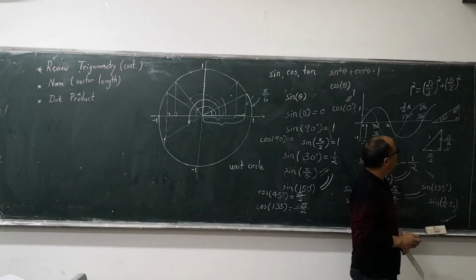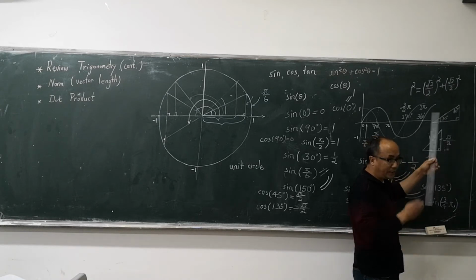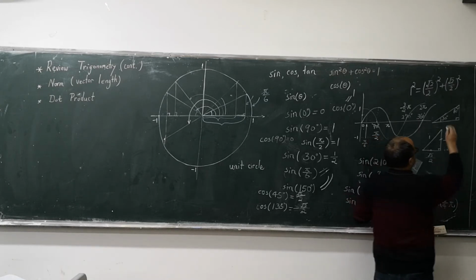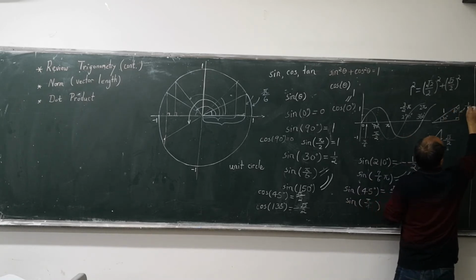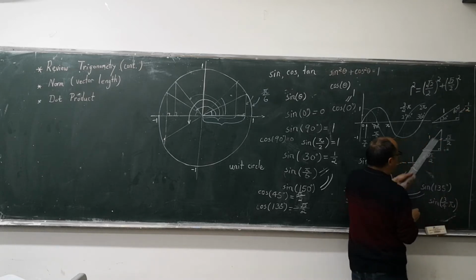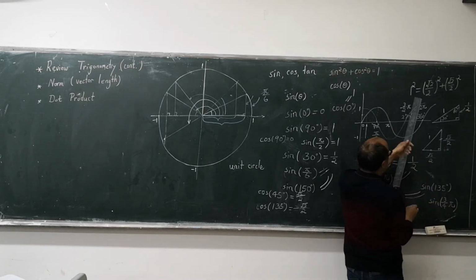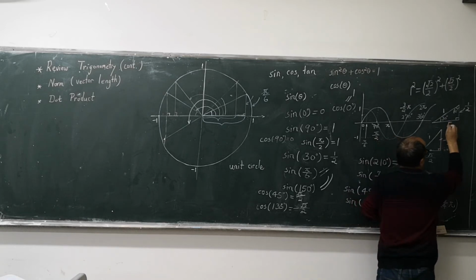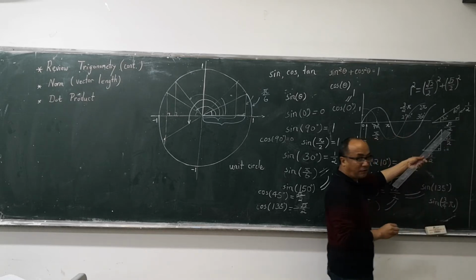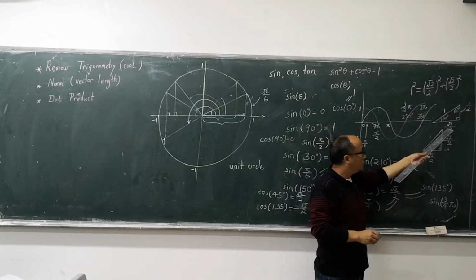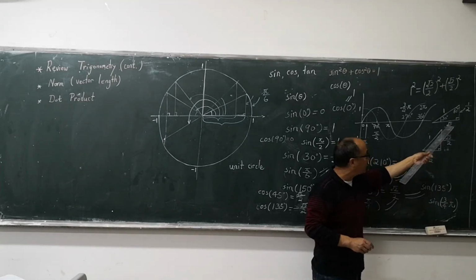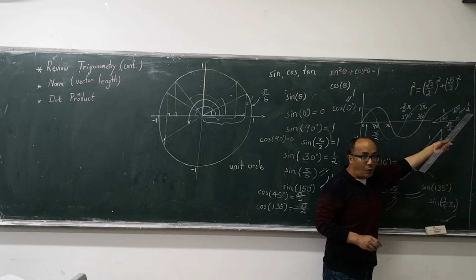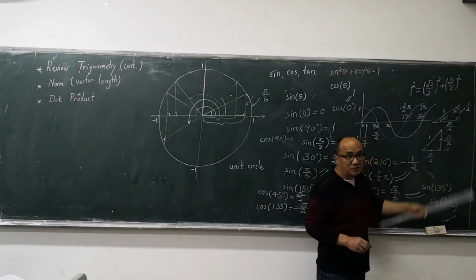So it's totally 180 degrees. If this is 1, then here is 1/2. And by Pythagorean, you can check, it's root 3 over 2. This square becomes 3/4, this square becomes 1/4. Adds up to 1.